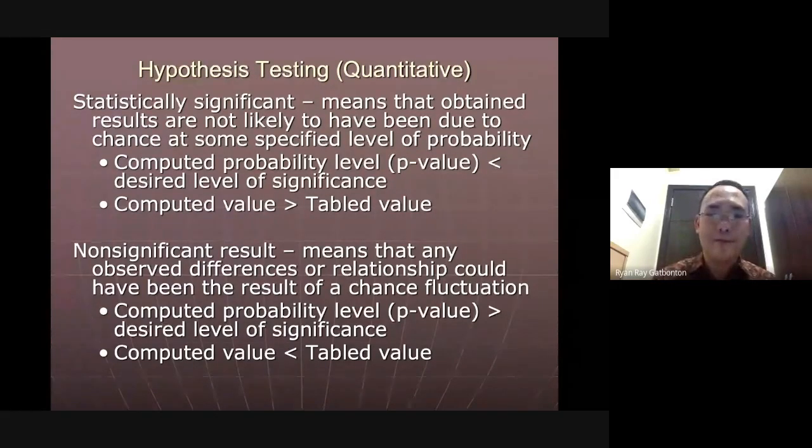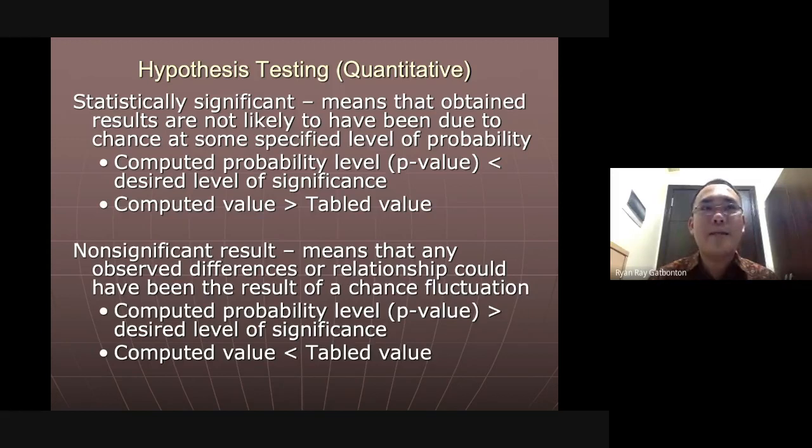Okay? So what are the conditions, or the values, that will tell you that your results are statistically significant? Number one, if your computed probability level or yung p-value, I know na na-encounter nyo na to sa inyong research critique na activity in RLE, is less than the desired level of significance. What is the desired level of significance?